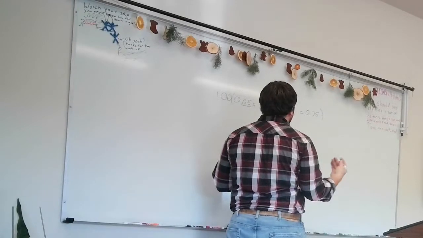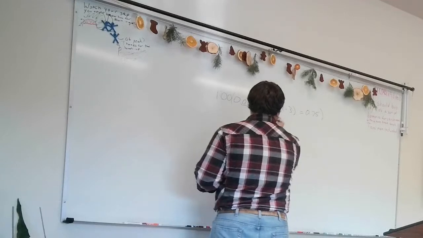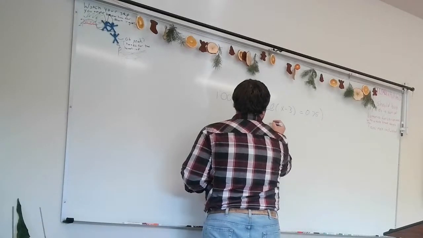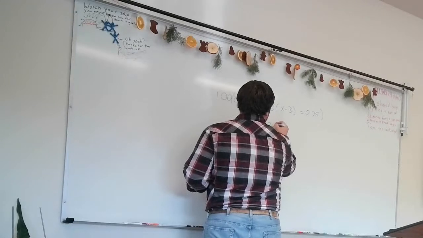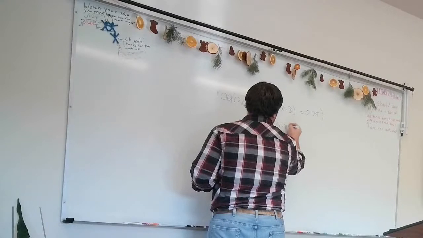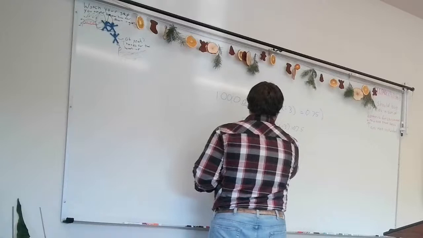You don't have to multiply it by 100. You could have just 0.05x plus 0.1x minus 3 equals 175. You can't just run it like this, right?